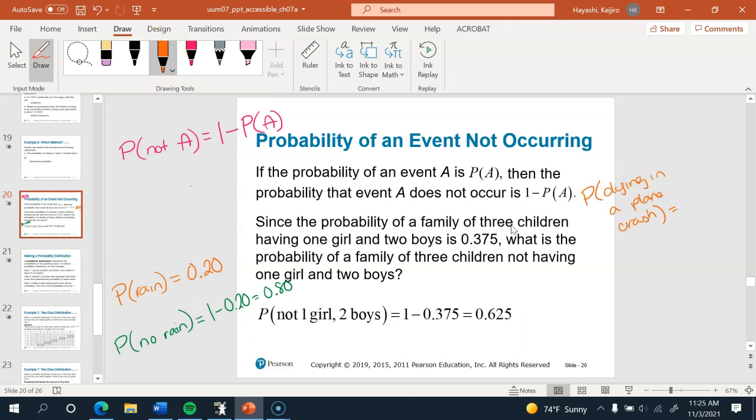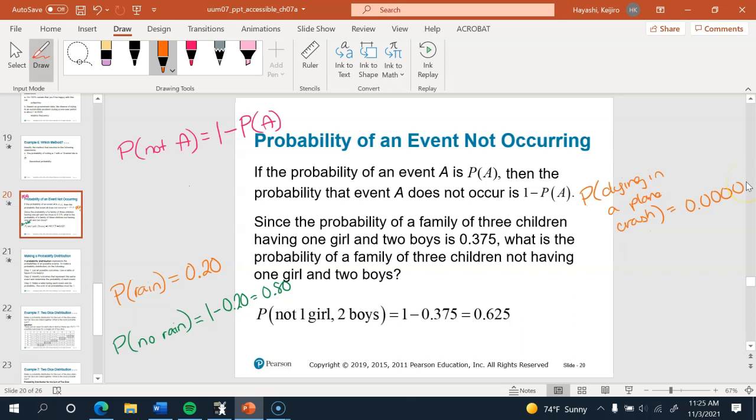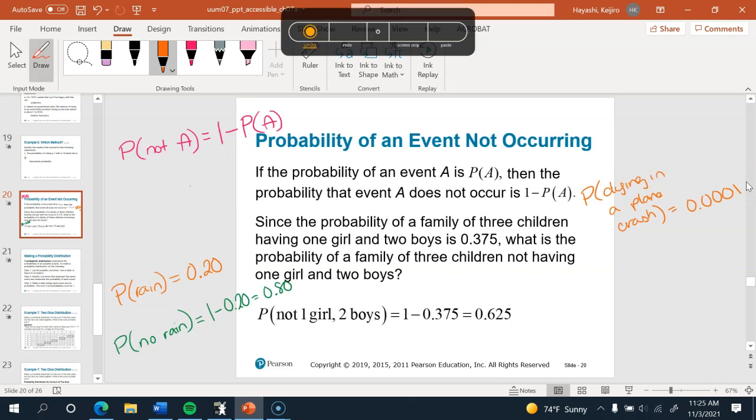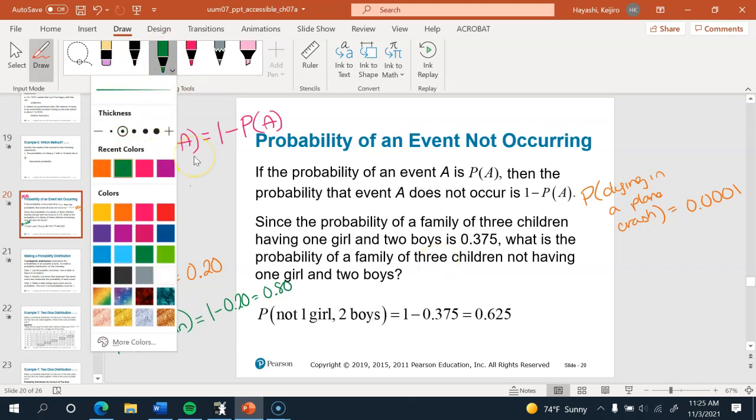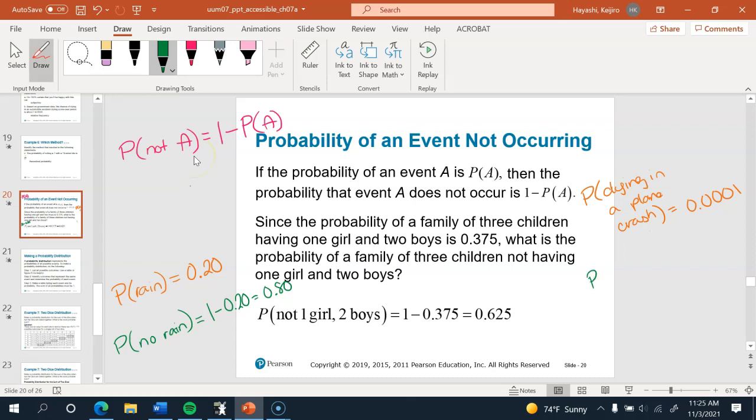It is safer to fly than to drive. Let's say that's 0.0001. I'm just making it up anyways, but it's probably less than that, when you think how many people fly every single day. You're probably more likely to die of a heart attack on the plane than of actually crashing.